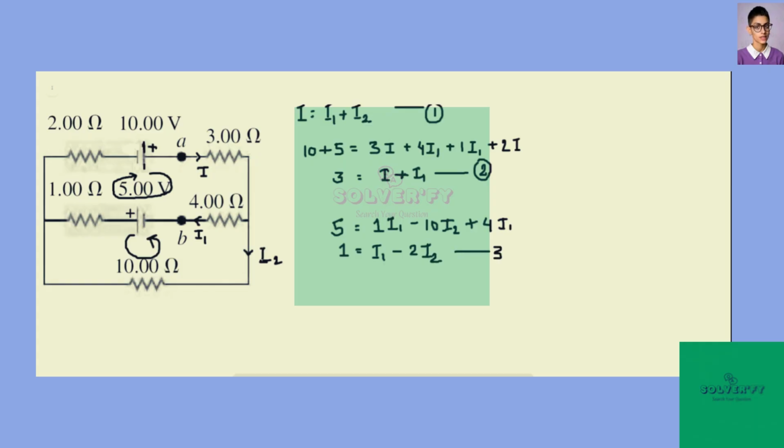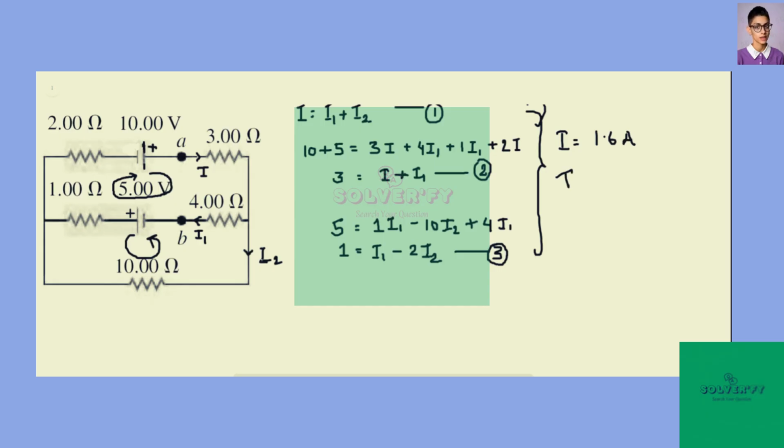Now we have three variables, I, I1, I2, and three equations independent of each other. So you just have to solve these three equations, 1, 2, and 3, to get I, the current flowing on the top, which is 1.6 amperes.